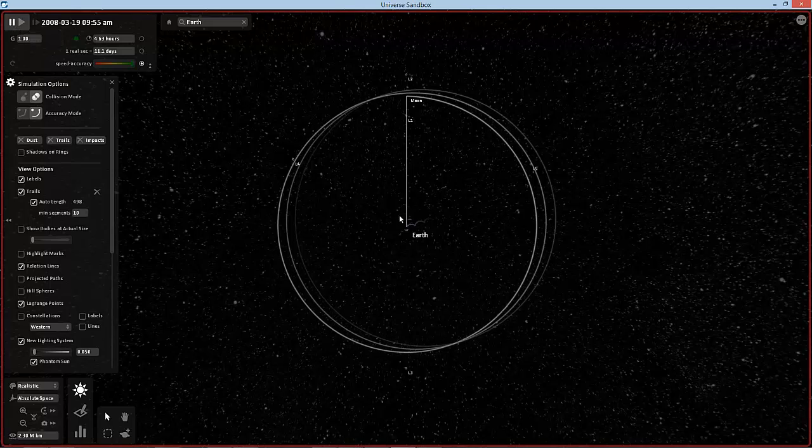But as far as things go, it's important to note what Lagrange points are. Lagrange points are basically very stable points to put things and keep them at any given time. As you may notice, these points do move along with the orbit. And why is that important?